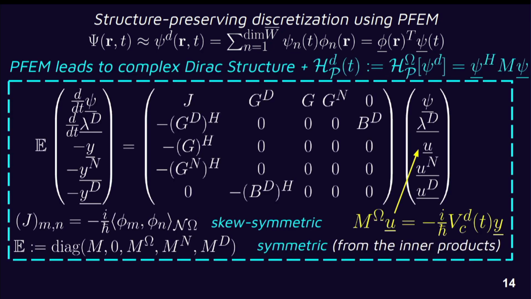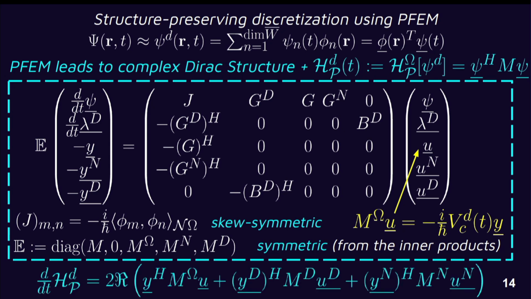And we get this big Dirac structure, a complex Dirac structure, and the main matrix is skew-symmetric, which leads to this Hamiltonian balance where you have the pairing between the control and the observation ports.